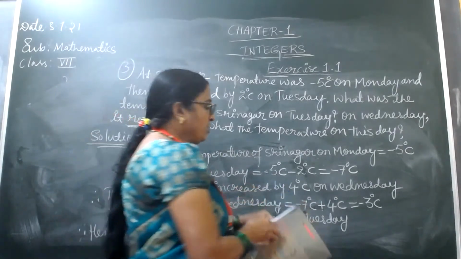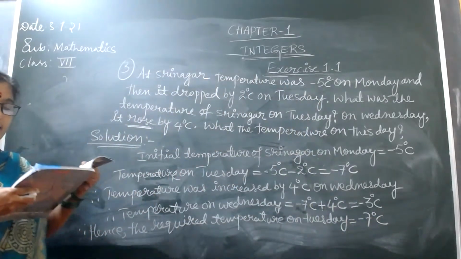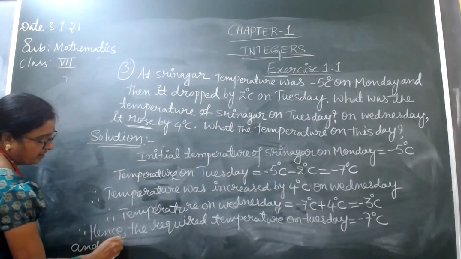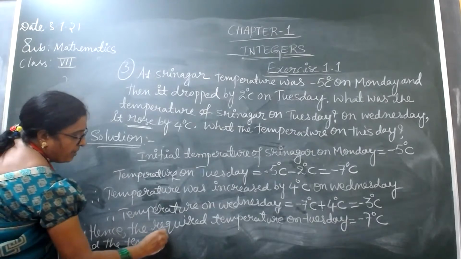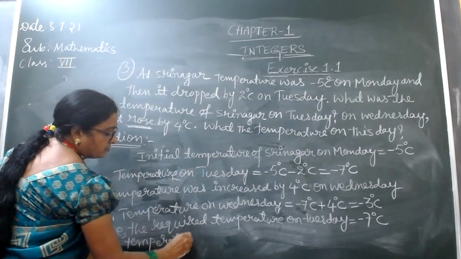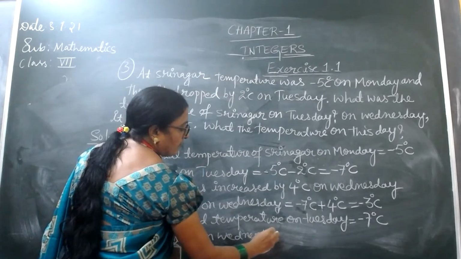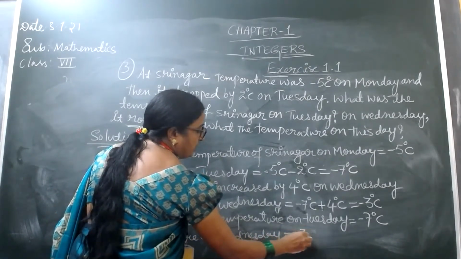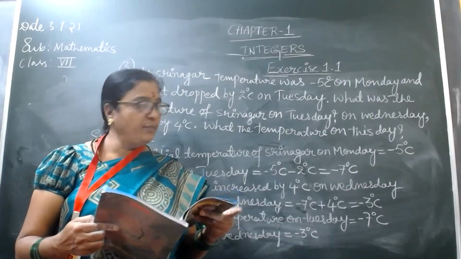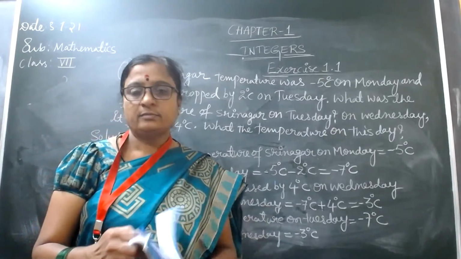Equal to minus 7 degrees Celsius, and the temperature on Wednesday is equal to minus 3 degrees Celsius. This is the solution of question number 3 in exercise 1.1.